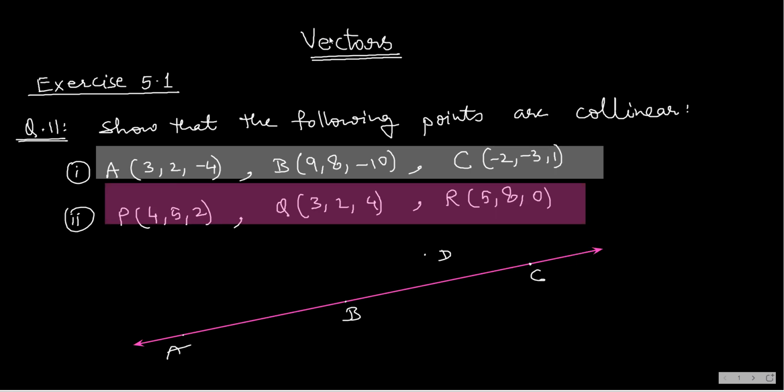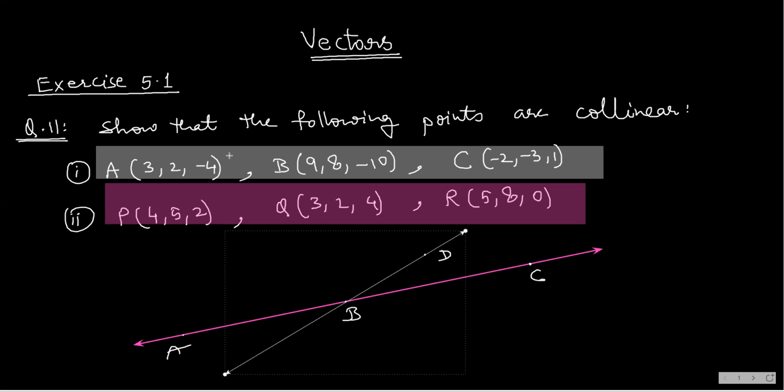Why? They are not collinear because if I join D with B, then I notice that point A is not lying on that line. See DB, where is A?